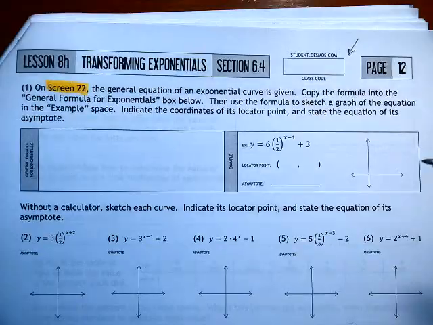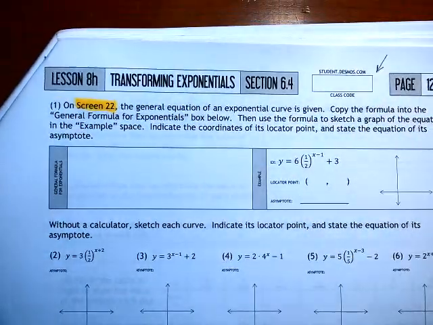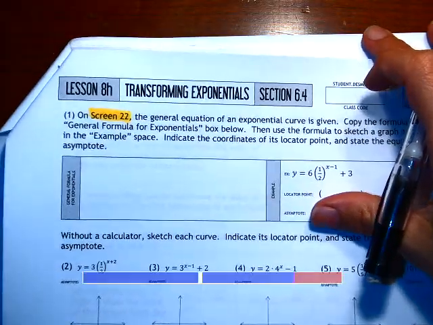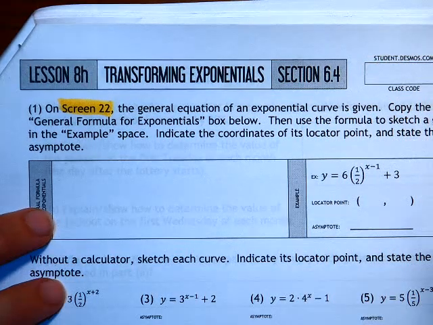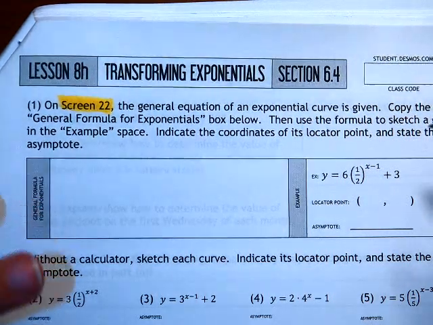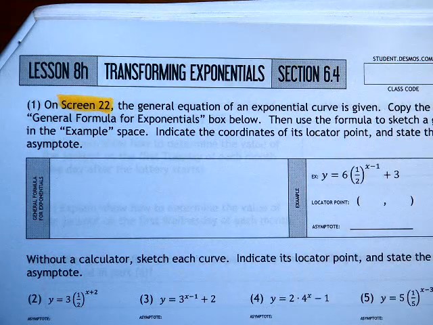Now in question number 1, as I mentioned, it's referencing something that you found on screen 22. On screen 22, they gave you a formula, the general equation of an exponential curve that is located anywhere, not just the ones that we had seen in previous lessons that were at 0, 0, but the ones that could have a locator point anywhere.